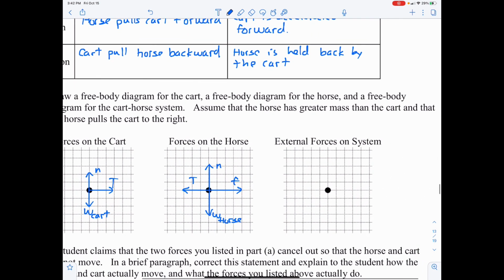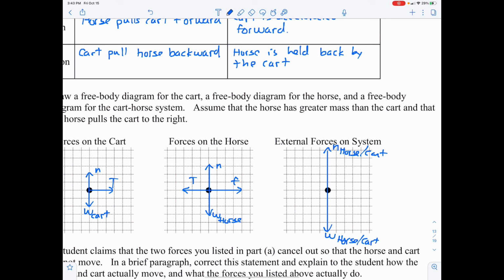Now the forces on the system would be basically combining all of it. So I could combine the normal force and just say normal force 5 units long of the horse cart system, right? And then you've got the combined weight of the horse cart system.